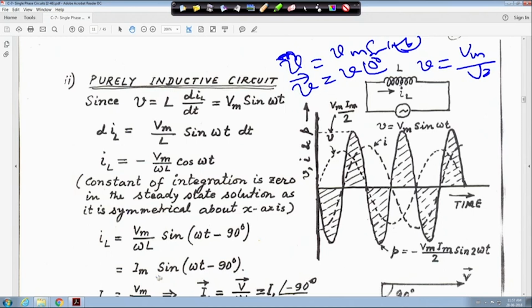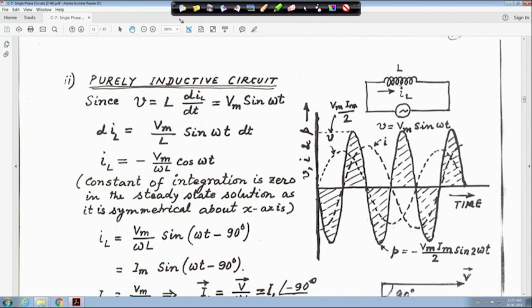Similarly, here the current is equal to Im sin omega t minus 90 degree. So, this IL can be written as a phasor quantity, IL at angle minus 90 degree, where this is the RMS value, IL equal to Im by root 2, right.